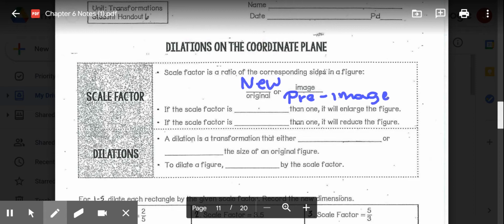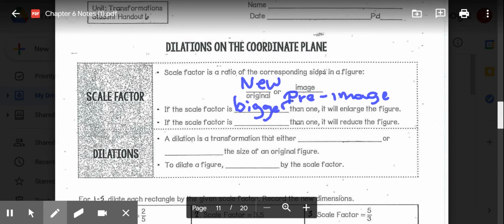We can divide the length of a new side by the length of the original, or we could talk about it in terms of coordinate pairs, of ordered pairs. We could divide the new coordinates by the original coordinates. If your scale factor is bigger than 1, that means you're enlarging the figure in your dilation.